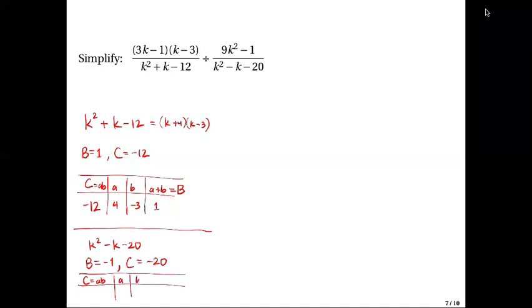Then small a here, small b here, and then small a plus small b is big B. So this is minus 20. And let's get the correct pair here immediately. We'll have negative 5 and positive 4. If you add them, you'll get negative 1. So for this, you have k minus 5 times k plus 4. So that's the factored form.